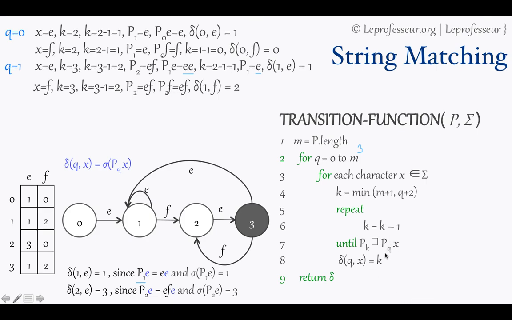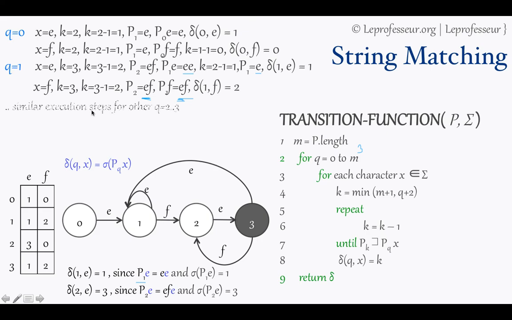So p1f is ef, and p2 is ef, so p2 becomes a suffix of p1f. So simply it means that we find our transition function delta for 1 f is equal to 2.